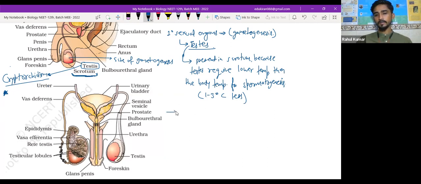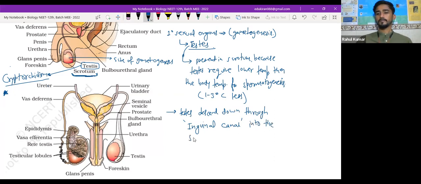I'm writing it here, write down: testes descend down through inguinal canal into the scrotum. Is it clear? So remember this name, inguinal canal. Is everything clear about testes?